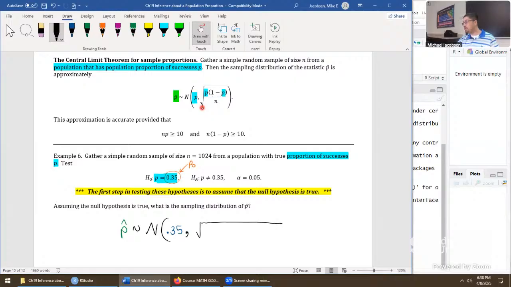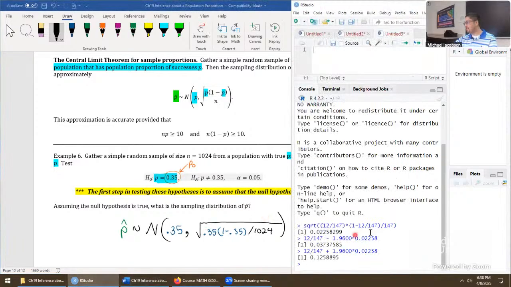The standard deviation is now the square root of 0.35, coming from right over here, times 1 minus 0.35, divided by the sample size n, and in our problem that is 1,024. I would leave it just like this on paper, because when we go to actually calculate a confidence interval or a test statistic, it's good to input this exactly like we did before to get the most accuracy we can squeeze out of the silicon.